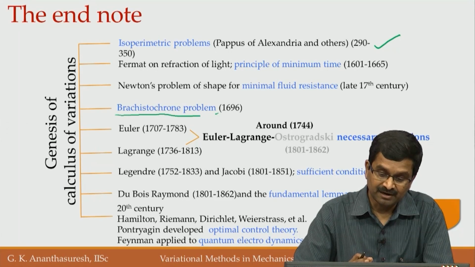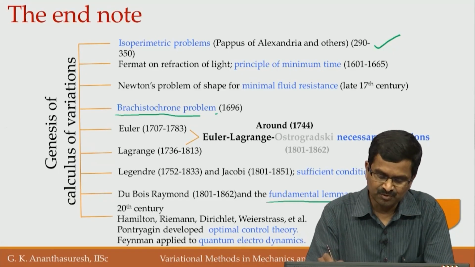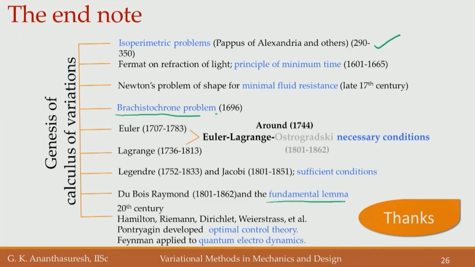Then Euler and Lagrange derived, and Ostrogradsky also contributed to, the necessary conditions, and Legendre, Jacobi and others did the sufficient conditions. The fundamental lemma was proved by Dubois-Reymond in the 19th century, and the 20th century used calculus of variations heavily in mechanics. Optimal control theory, quantum electrodynamics and Schrodinger's equation all use calculus of variations. So, it is a very important tool.